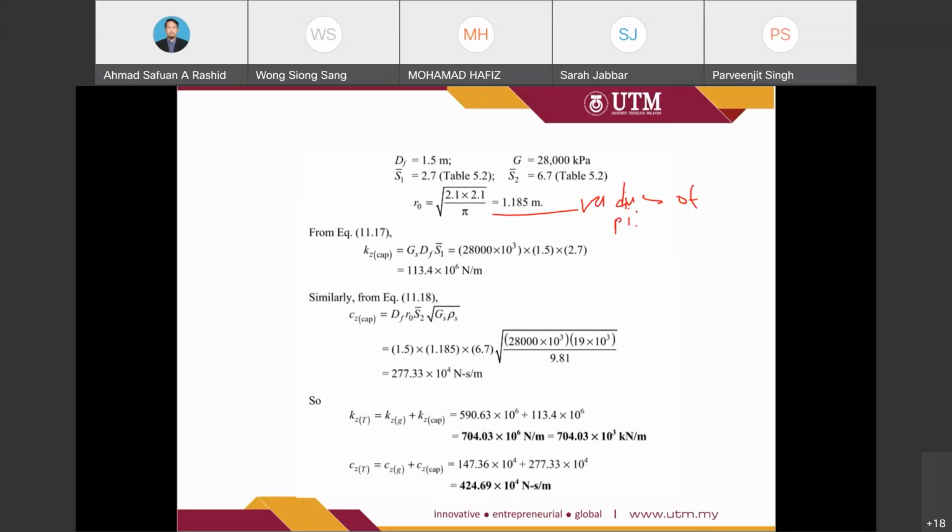I will put a note later. So this is the height of the soil above the base of the pile cap.